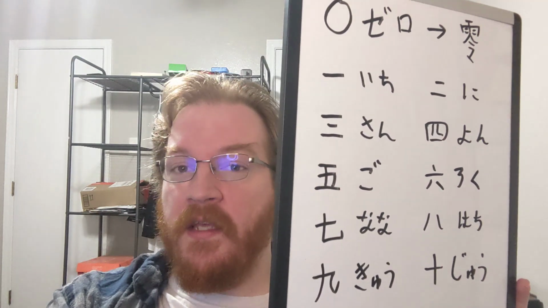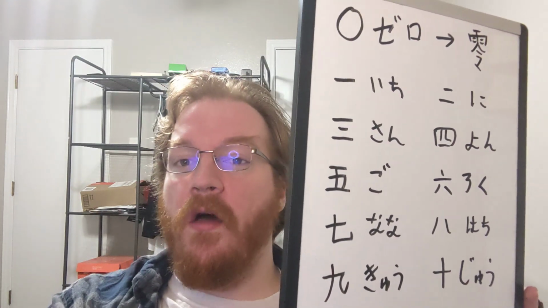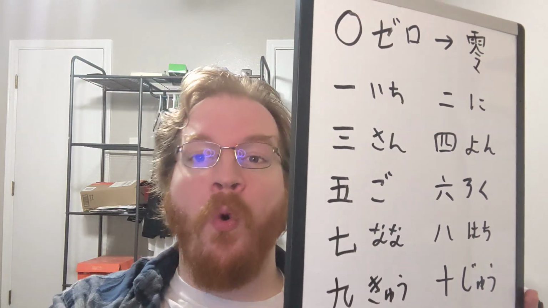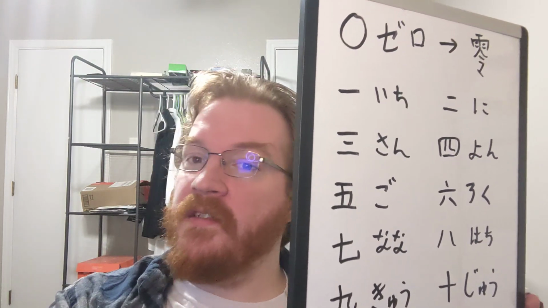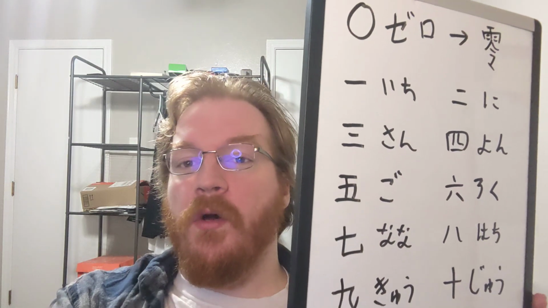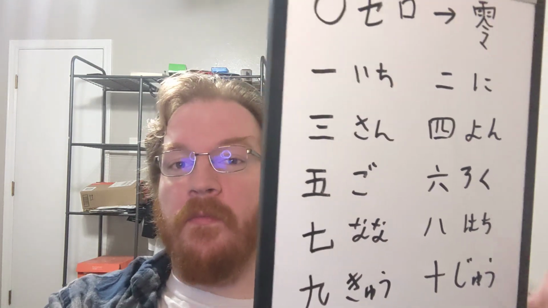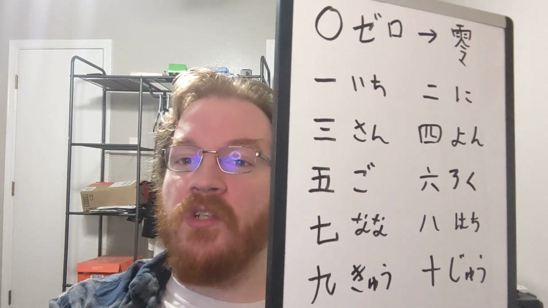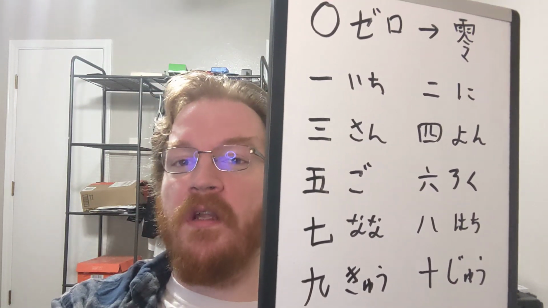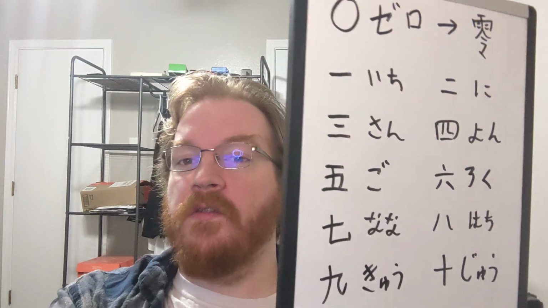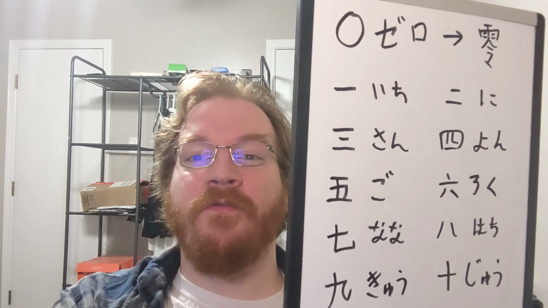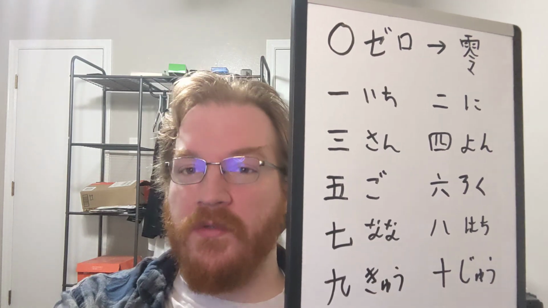In any case, the other reason that you may come across other readings of the same number is for phonetic reasons, or because the number has a different origin. So there is a counting system. This counting system that we're using here is mostly based off of the Chinese way of saying each of the numbers. However, there is what is known as the native counting system, which uses different numbers entirely, 1 through 10.